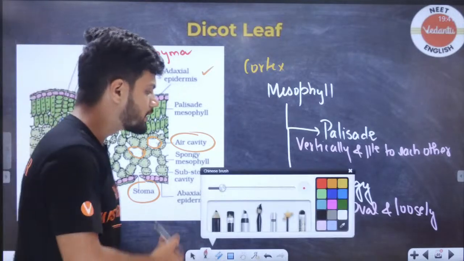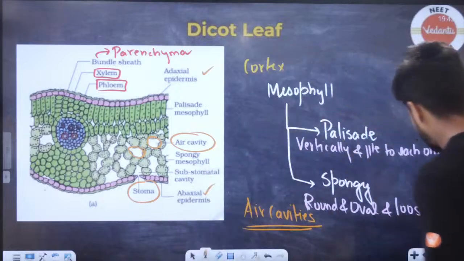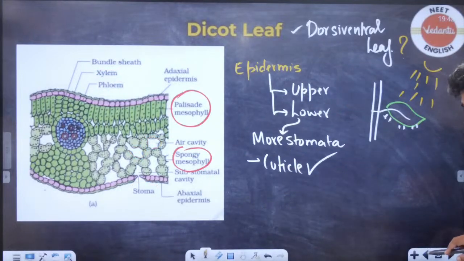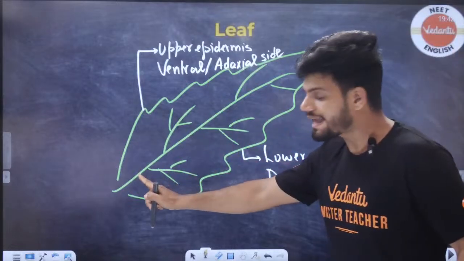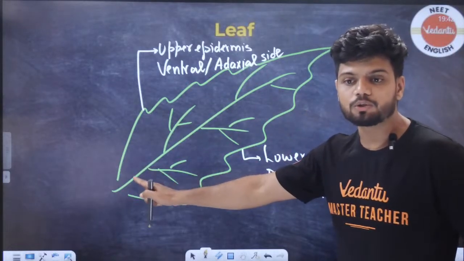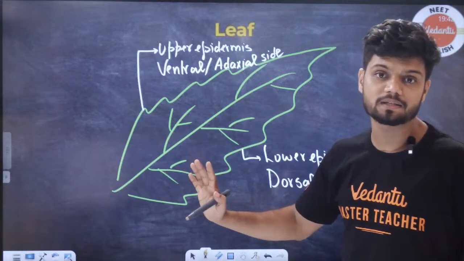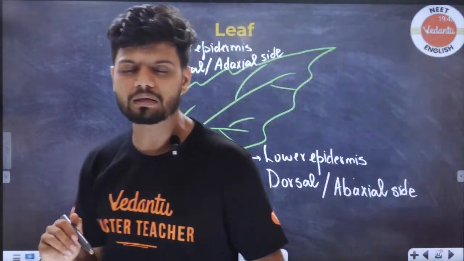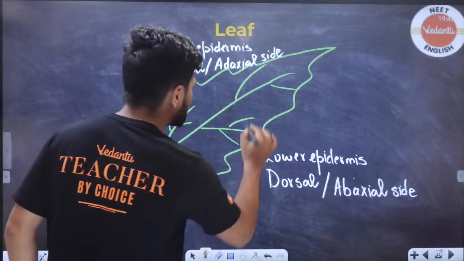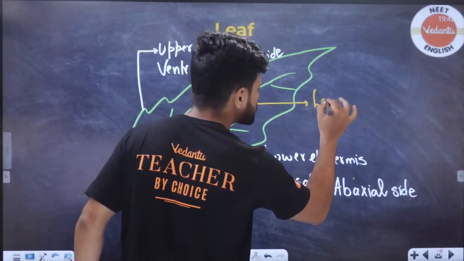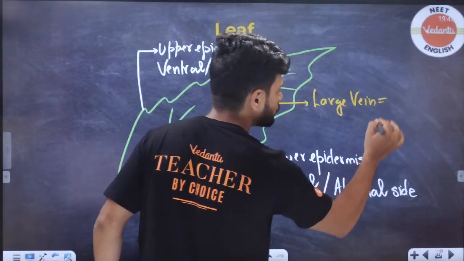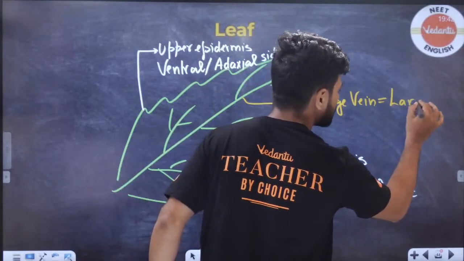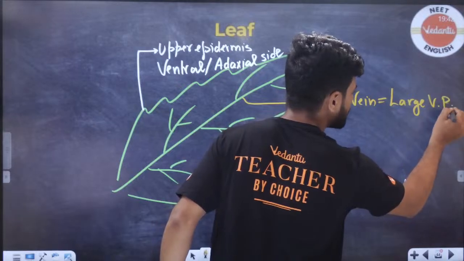Now one more thing you need to understand about vascular bundles here is, if you look at this leaf, the size of the veins is equal to the size of the vascular bundles. What do I mean by that? Here we have a large vein equal to a large vascular bundle.